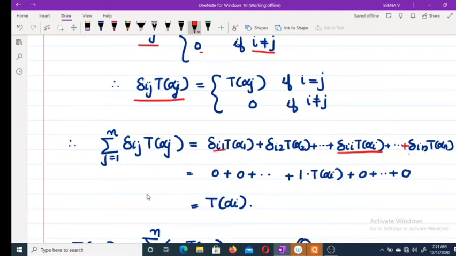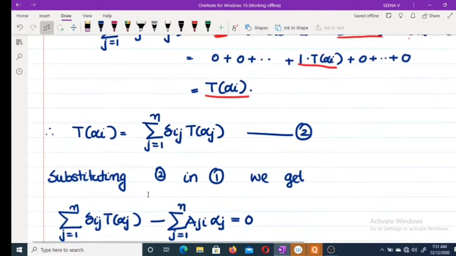But delta ij equals 0 if i is not equal to j, so those terms are 0, and only delta ii is 1. Therefore 1 into T alpha_i, and the rest 0, is equal to T alpha_i. So T alpha_i you can write as sigma j varies from 1 to n delta ij T alpha_j.